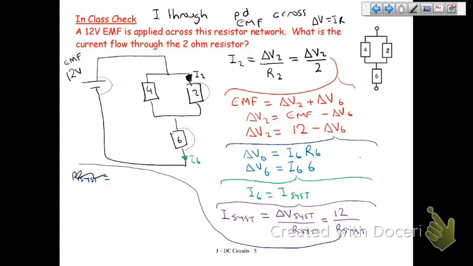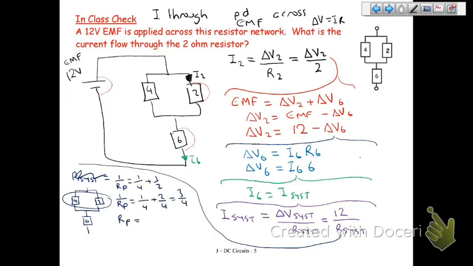So the first thing I'm going to do is combine those guys. 1 over R parallel equals 1 over 4 plus 1 over 2. 1 over R parallel is equal to 1 over 4 plus 2 over 4, which equals 3 over 4.